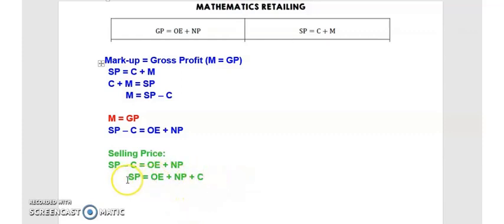From this formula, we can derive the formula for OE. Since here you have a negative sign, you can start from this formula as well because all the signs are positive. Now let's say I want to find the formula for operating expenses.